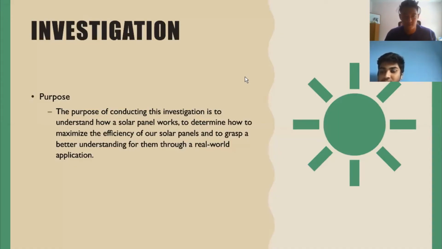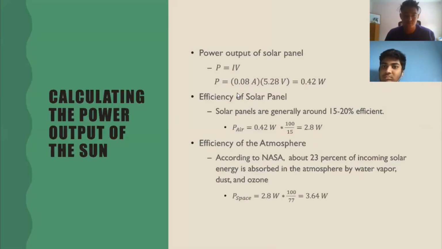And the purpose of our lab really is just to understand how solar panels work, find out their max efficiency using testing different variables, and just, I guess, grasping a real world application of how it relates to our everyday lives. So the first thing we decided to do is to actually calculate the power output of the sun. And the way we did that is we just used one of our little solar panels that we bought.